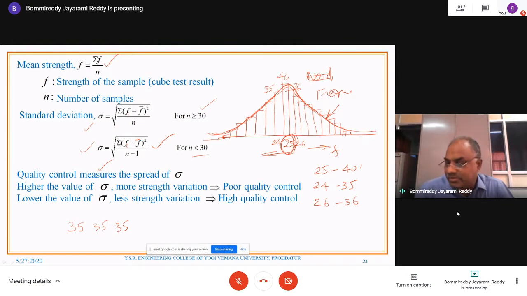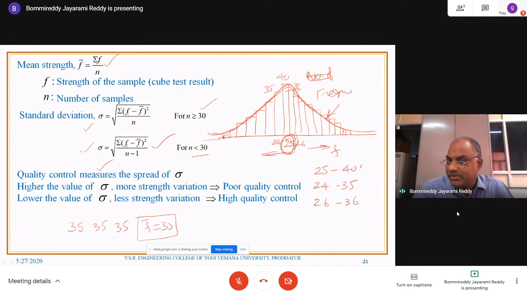The sigma value is equal to 0. Standard deviation is equal to 0 because there is no deviation from the mean. What is the mean? Here the mean is also 35. Is there any deviation of the samples from the mean? No. 35 minus 35 is 0, 35 minus 35 is 0, 35 minus 35 is 0. So there is no deviation.